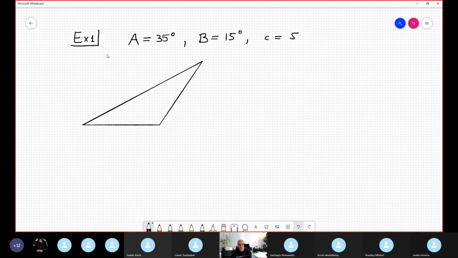So for example, I call A here. This angle is 35 degrees. I call B this. This is 15 degrees. And this is C, and the side is given as 5.